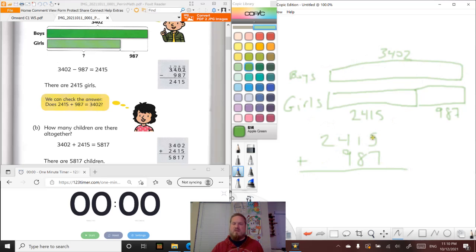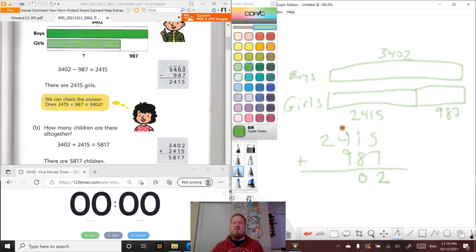Add 5 and 7 is 12. 12 is 2 ones and 1 ten. We add the 1 ten over there. 1, 2 tens.